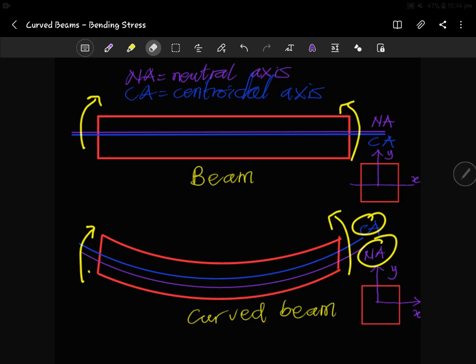When you look at the cross section, whether a straight beam or a curved beam, the neutral axis is the point where there will be no experience of the loading applied to the beam. And especially for the curved beam, the centroidal axis and the neutral axis will not coincide. Are we okay?